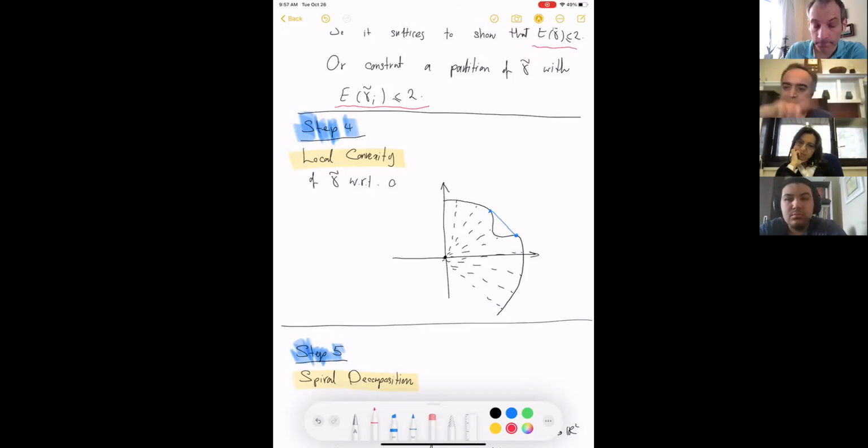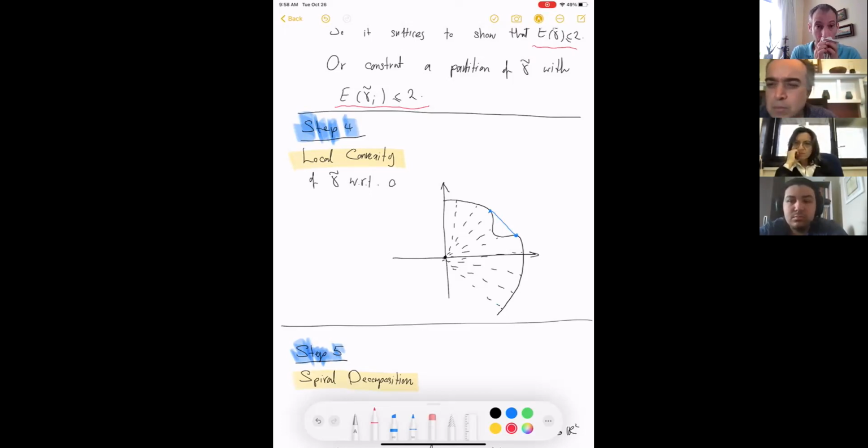So globally, it will not be convex, but locally it will be convex. Locally convex means that at each point, I have a tangent line so that the curve lies locally on the same side of the tangent line where the origin lies. So the curve always curves towards the origin. So why is that? Well, suppose it's not convex.